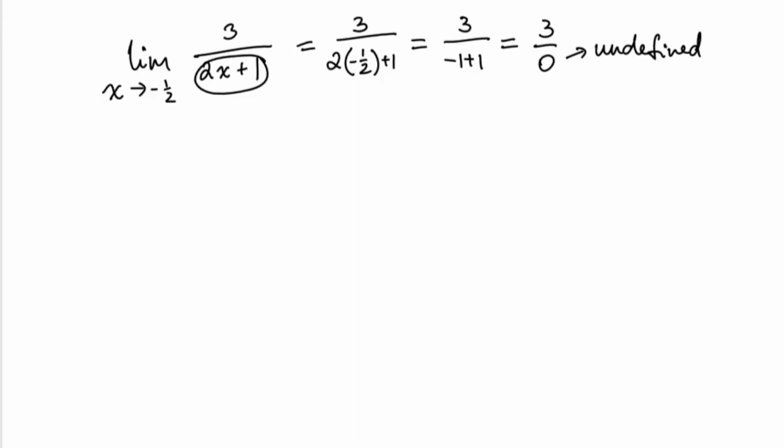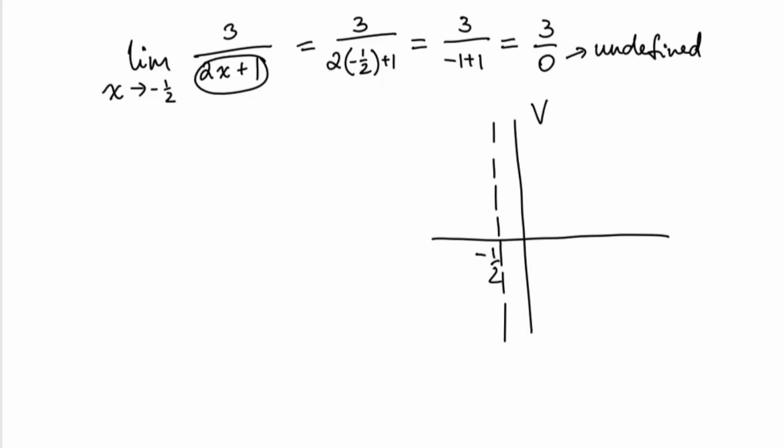Since I cannot simplify this function further, I cannot factor anything or expand or anything like that, it means to me that because there is a vertical asymptote at x equals negative 1 over 2, the limit will not exist because the function approaches the asymptote, but it never touches it.